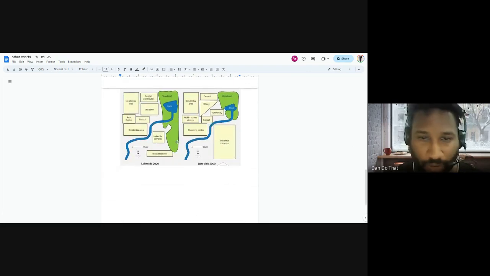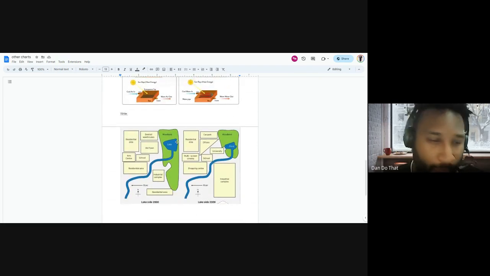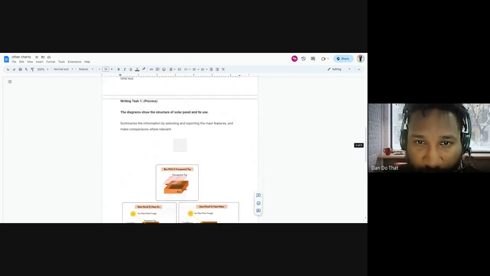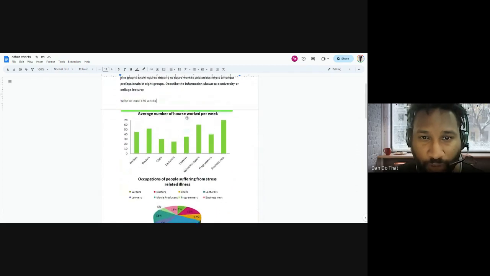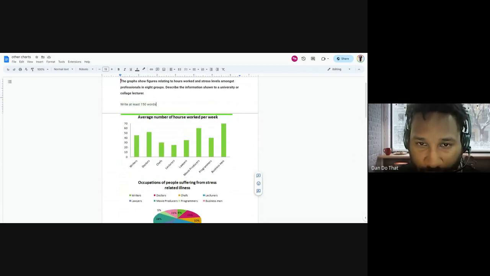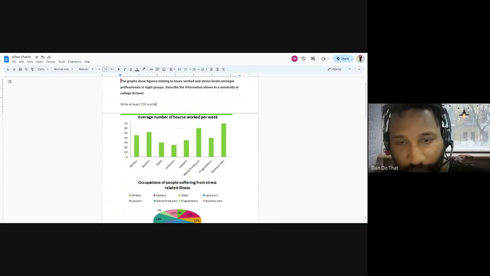Yes, and they also apply to the map. How does that work, you ask? I'll tell you. When you have a chart, first thing you want to do is paraphrase everything on the chart.